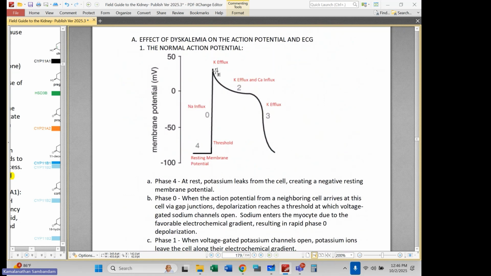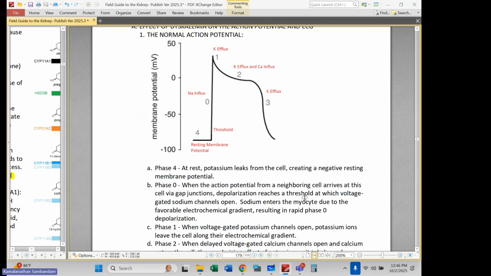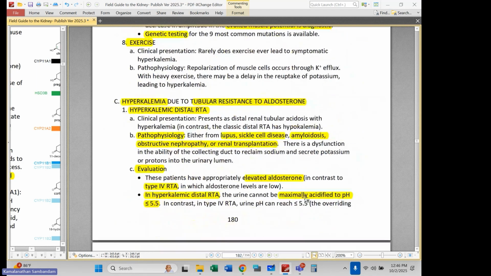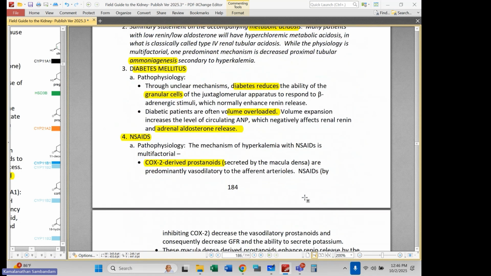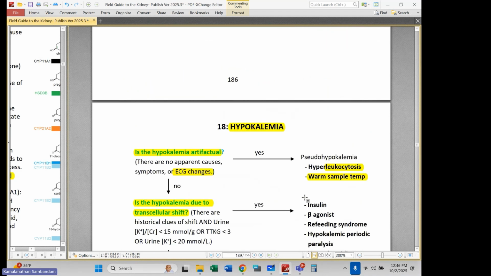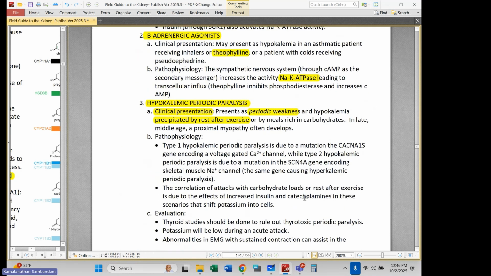So you have K channels opening in order for K to leave the cell. So you have all of this flux that's happening. And so it stands to reason that things like exercise can create an instability that sets off a chain reaction that manifests as profound hypokalemia.